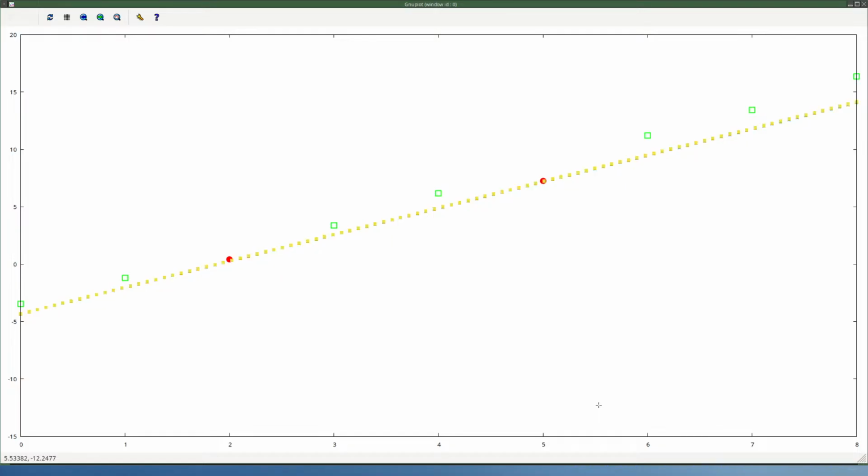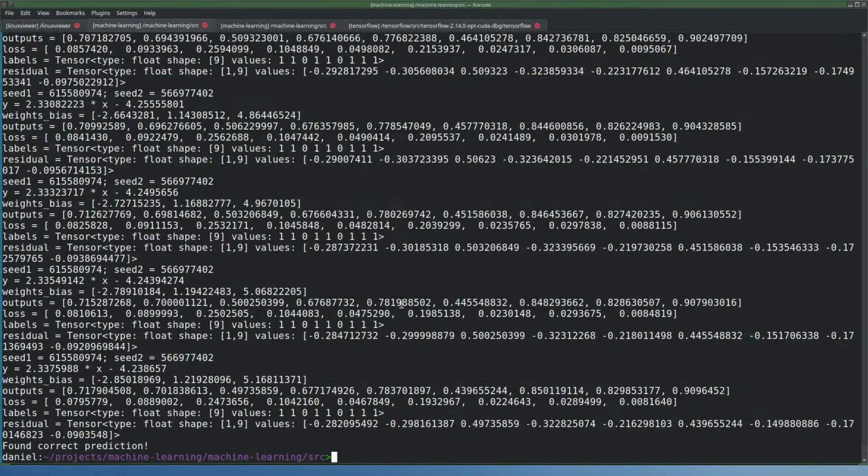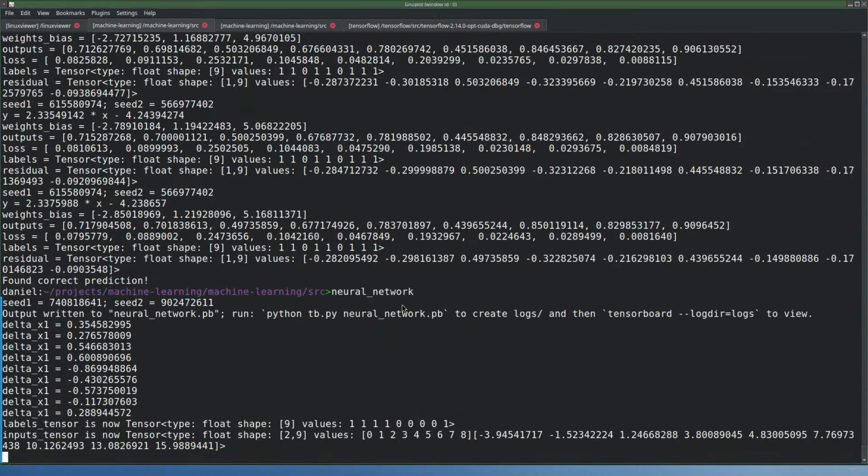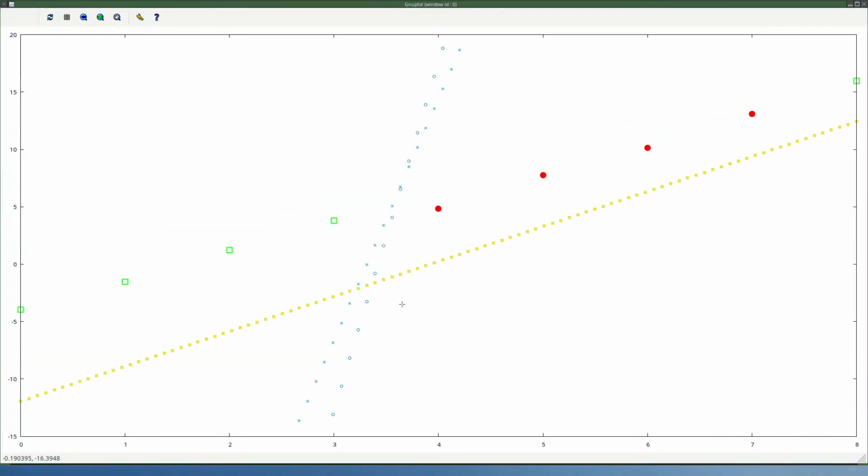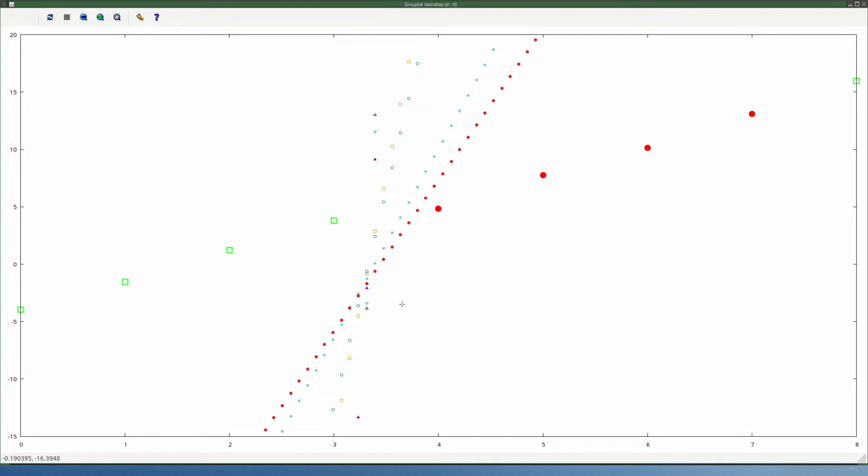By the time the sigmoid has become, oh, this is a different one. Sorry, it's random. Well, erratic. Wow, this is a nice one. It's almost vertical.